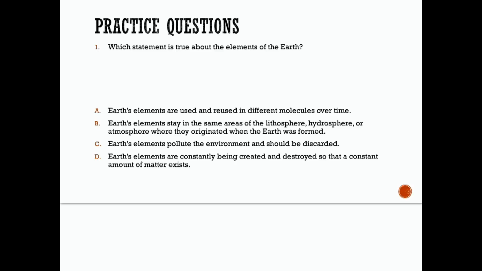All right, matter and energy are conserved, and the earth is almost a closed system. All right, so talking about these biogeochemical cycles, you should be able to come up with that Earth's elements are used and reused in different molecules over time.